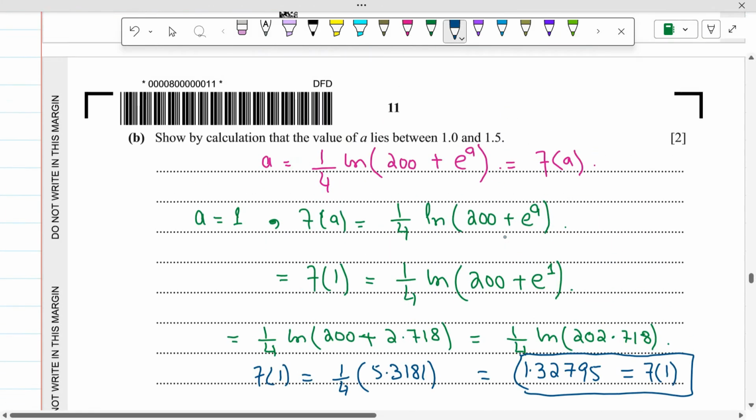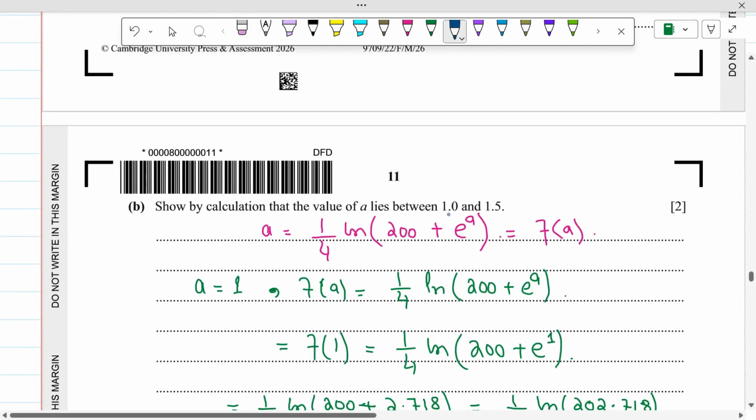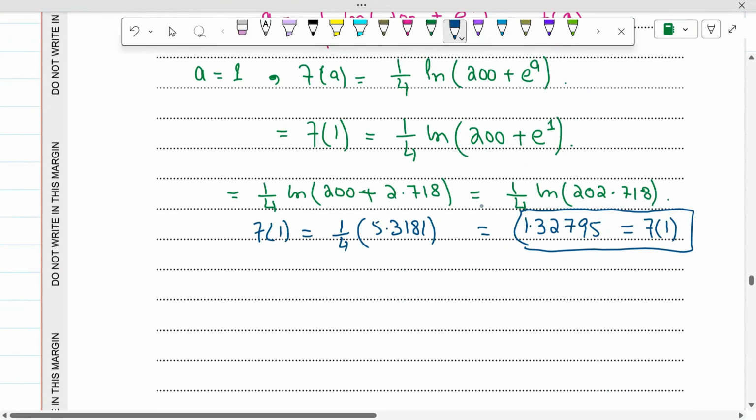So this value is greater than 1.0 and less than 1.5.